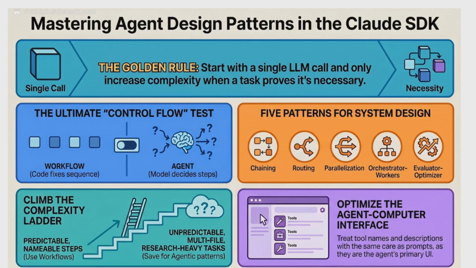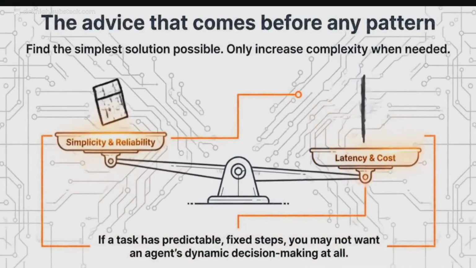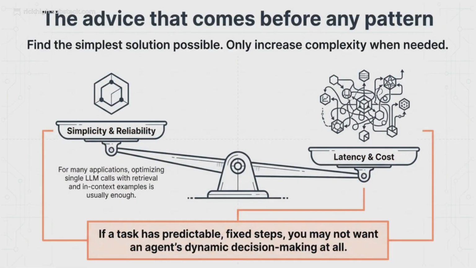This article walks those patterns and maps each onto the SDK constructs that implement it, so the abstract names become concrete decisions about query, sub-agents, and tools. We will use a small worked example throughout, a code maintenance agent called Buggy Shop, but the point is portable to anything you build. The advice that comes before any pattern.